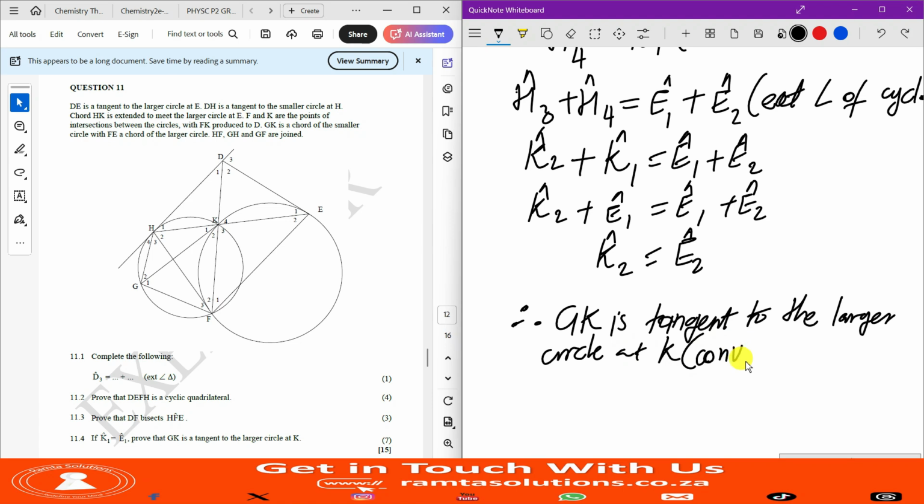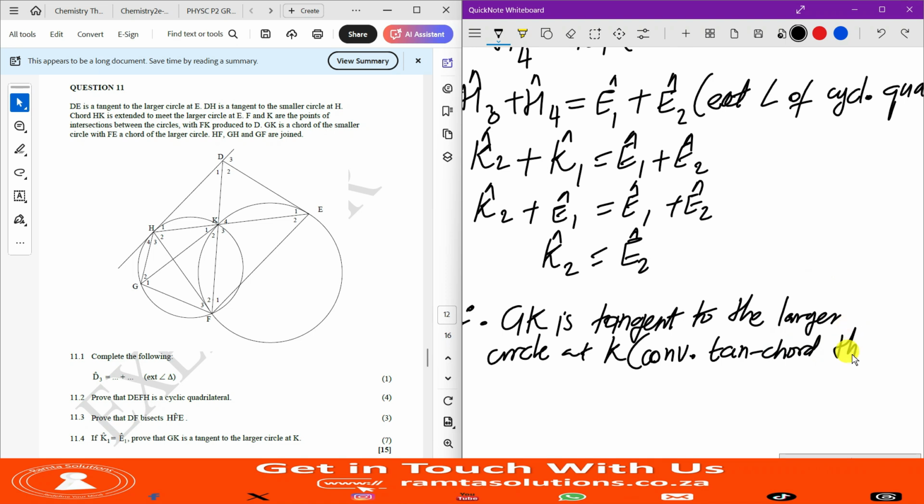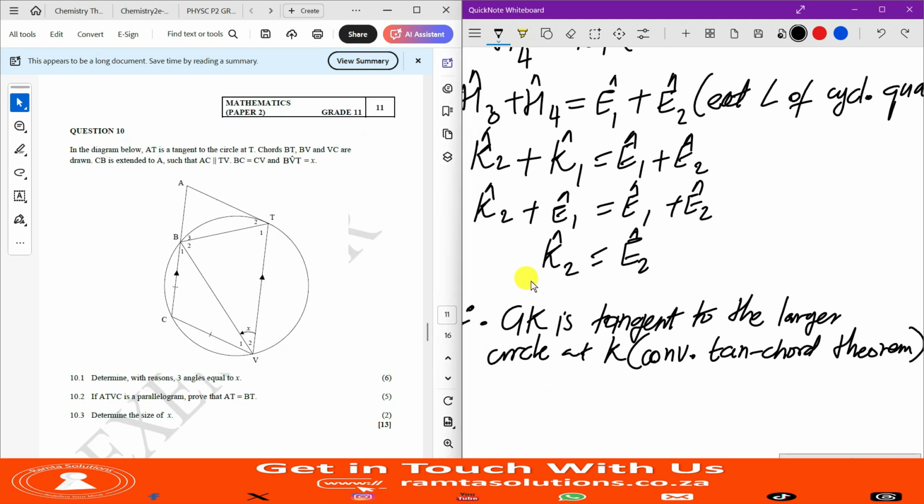Because we are using the converse of the tan chord theorem. And this is how you solve these questions.